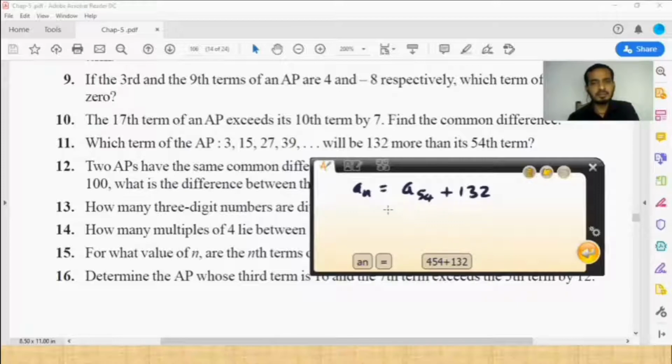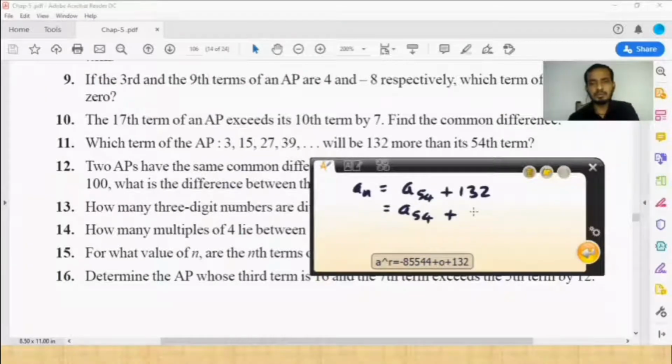For that, it is better to calculate the common difference first. What will be the common difference for the sequence? 12. So here you can write A54 plus 132 as a multiple of 12.